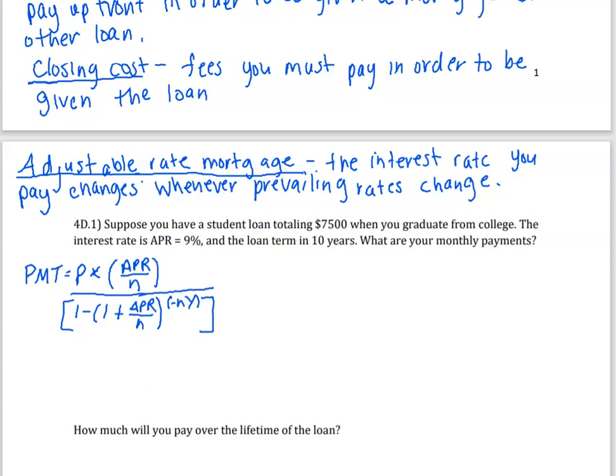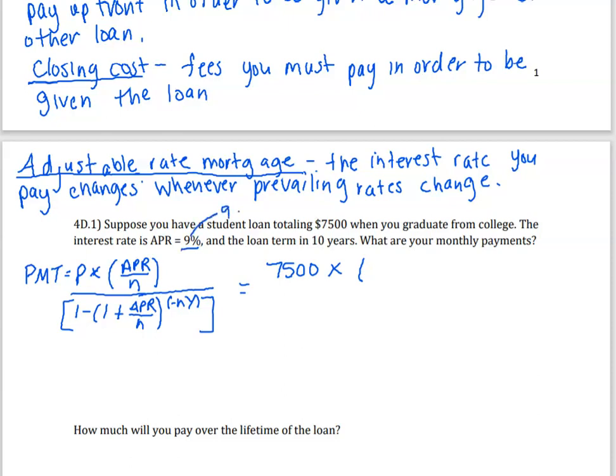So when we're calculating this, we're borrowing $7,500. That's how much we took out for our student loans, okay? And we want to multiply that by our APR. And remember that I've said multiple times, you don't put the percent, you put the decimal.